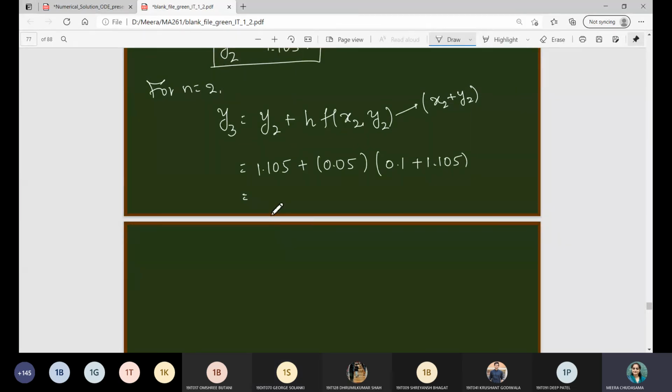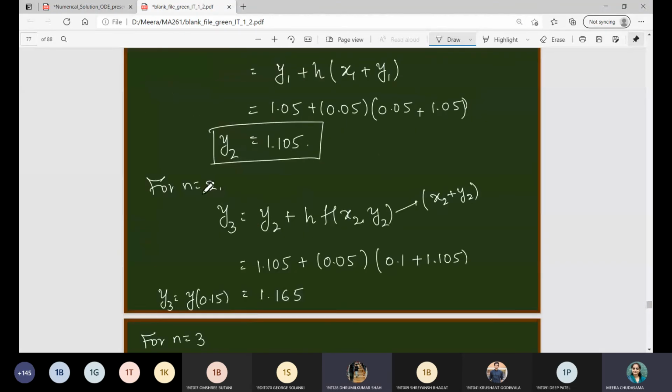What will be y3? 1.165. So this is y3. y3 means y at x3. What is x3? 0.15. And y2 means y at x2, that means y at 0.1.